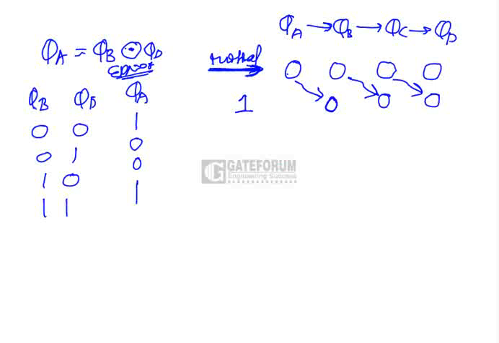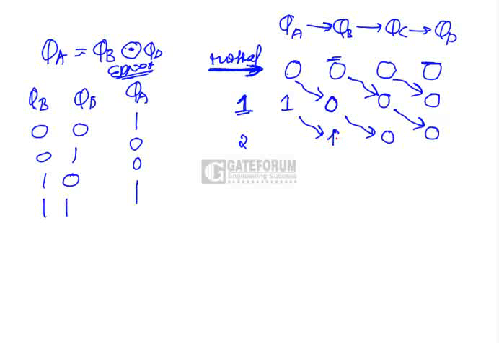Now when you give the first clock pulse, what is QB XNOR QD? QB XNOR QD is 0, 0, so QA is 1. Similarly, when you give the next clock pulse, this 1 is shifted to QB, QB is shifted to QC, and QC is shifted to QD.